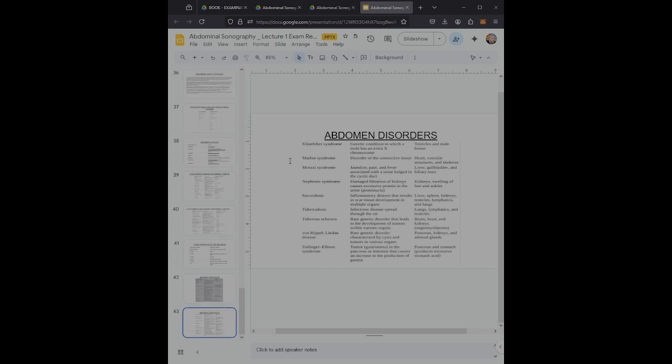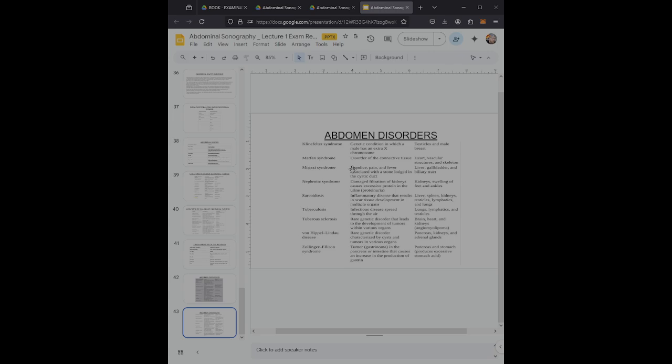We have other conditions. Klinefelter syndrome, a genetic condition in which a male has an extra X chromosome. So it affects the testicles, and there's development of male breast tissue. Marfan syndrome is a disorder of connective tissue, affects the heart, vasculature, and the skeleton.